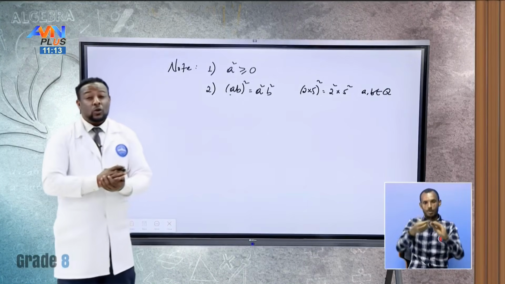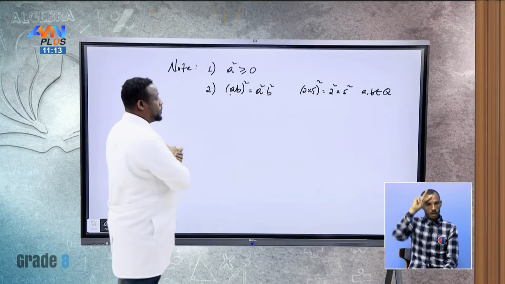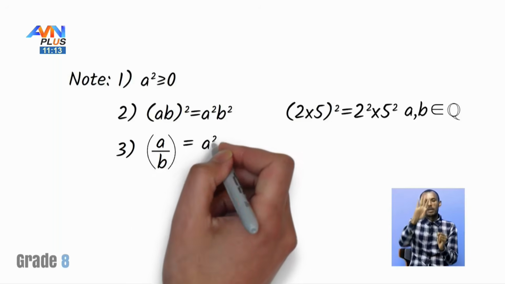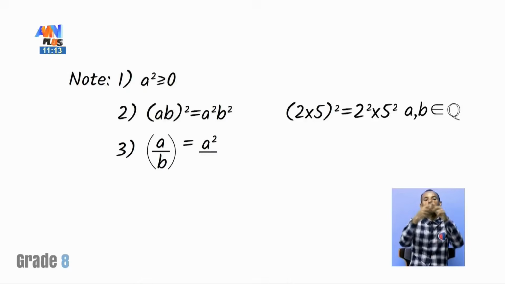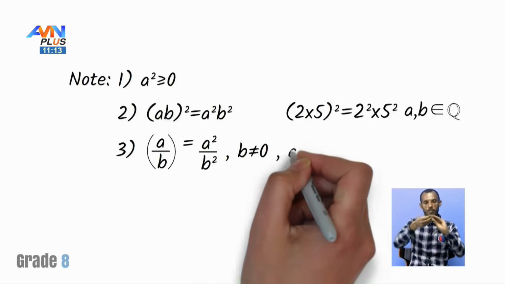We have also another property of squares. The third one is A over B, the whole square, is the same as A squared over B squared, where B is different from 0, and both A and B are elements of the rational numbers.